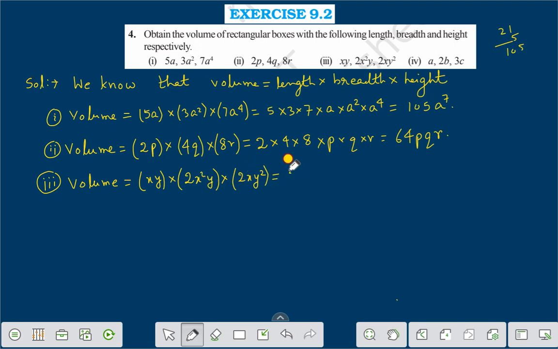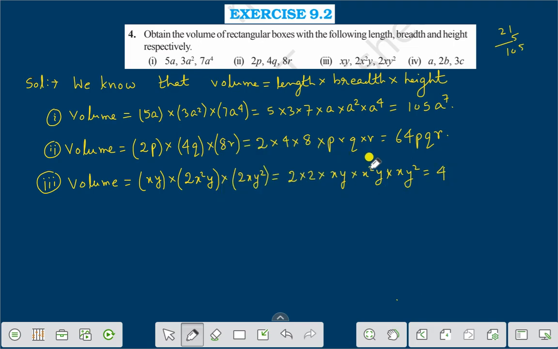First multiply the numbers, that is 2 into 2, into xy into x square y into xy square, that is equal to 4.